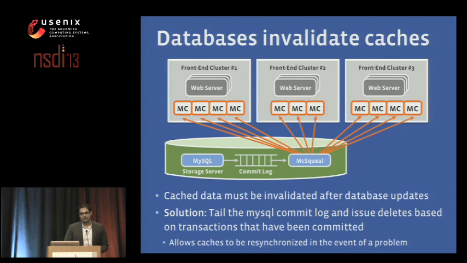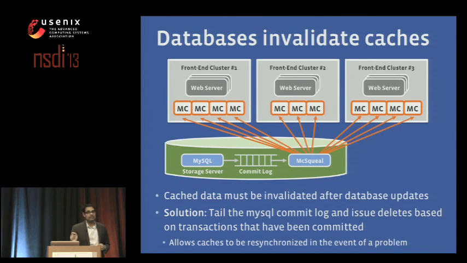Our database storage servers are MySQL. So what we have is a system called McSQL that looks at all the database transactions that have been committed, reads those out of the commit log, extracts the Memcache items that need to be invalidated, and then this program just broadcasts the invalidations to all front-end clusters.